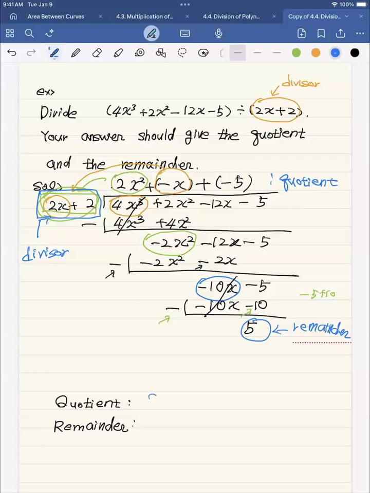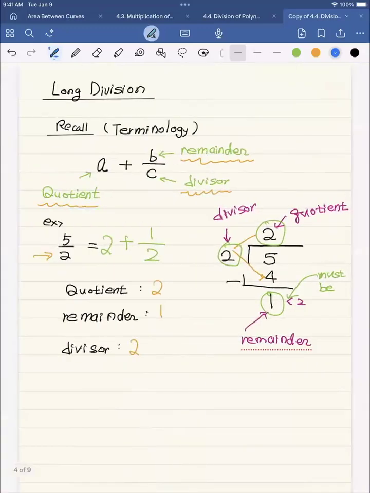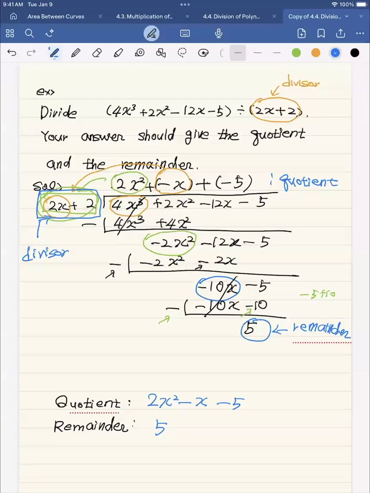So the quotient is 2x squared minus x minus 5, and the remainder is 5. If we express this in the form that appeared here, then we can rewrite it as 2x squared minus x minus 5 plus 5 over 2x plus 2.